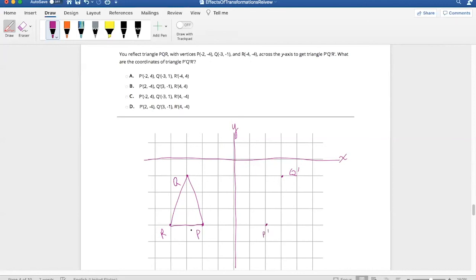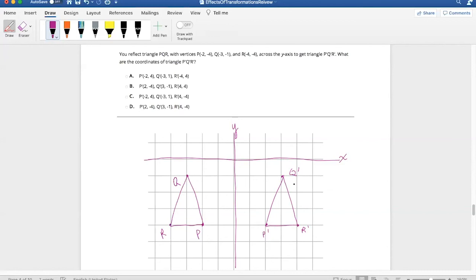That would be P prime. R is 1, 2, 3, 4 to the left of the y. So when it's reflected, it's going to become 4 to the right. And that would be our R prime. So that is our new triangle after the reflection.